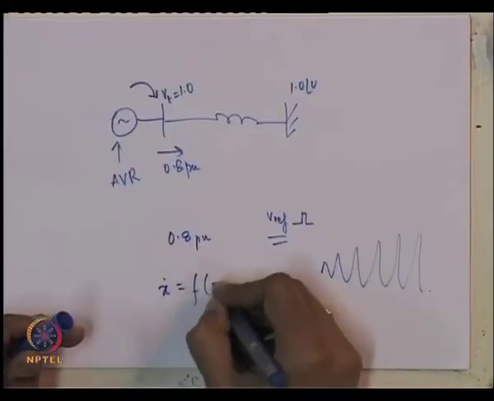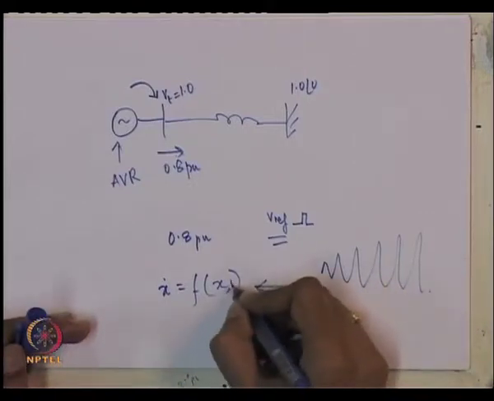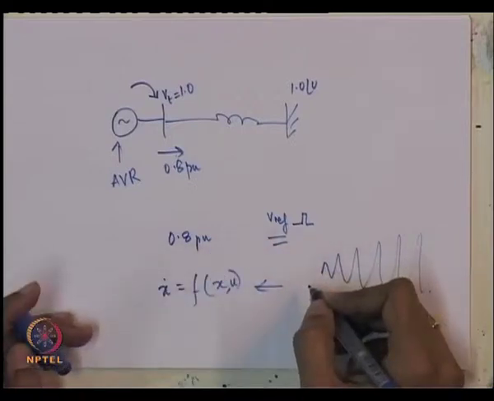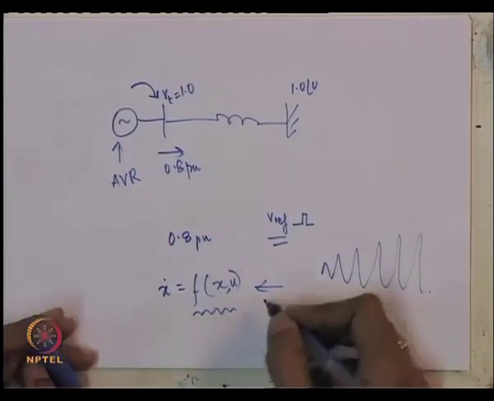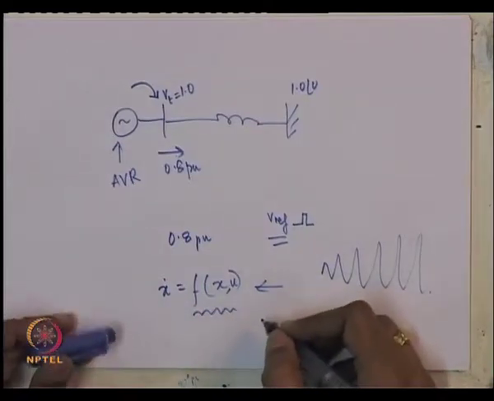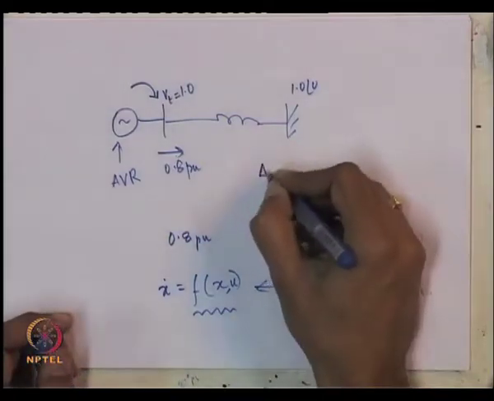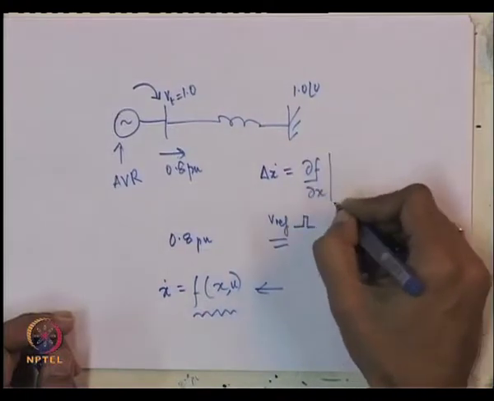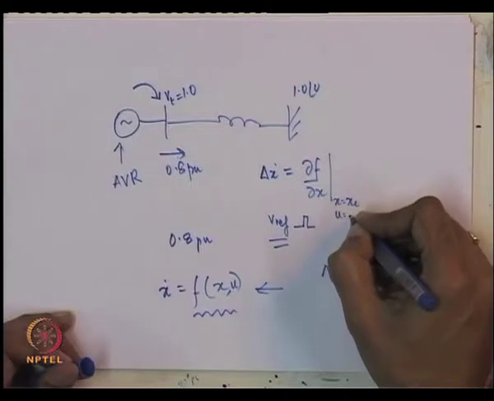Suppose you have a differential equation x dot equals f(x, u), which describes the nonlinear dynamical system. We would have to take the partial derivatives of f at an equilibrium point in order to get the linearized model, evaluated at the equilibrium point which you are studying for small signal stability.